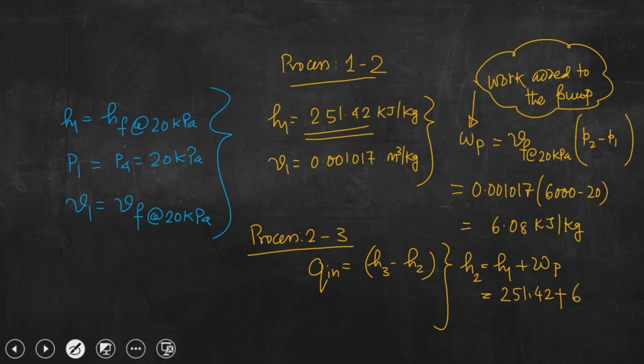Total, if you calculate, it will be 257.50 kilojoule per kg, which is very important, because you always need to write the unit, otherwise you may come up with a wrong answer. So this is the H2. We have calculated H2 just by applying the steady flow energy equation to the process in the pump.